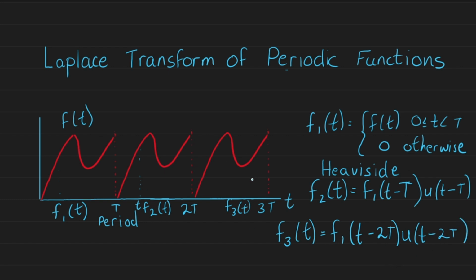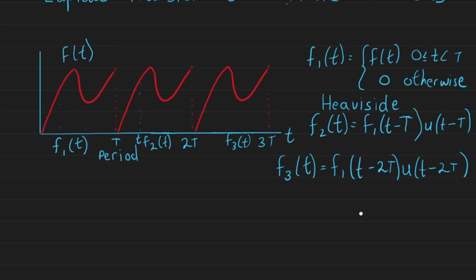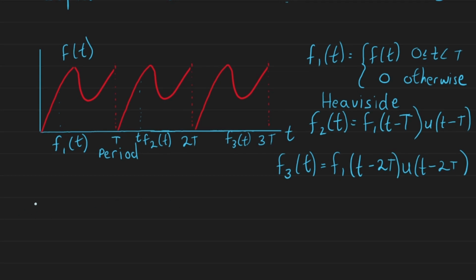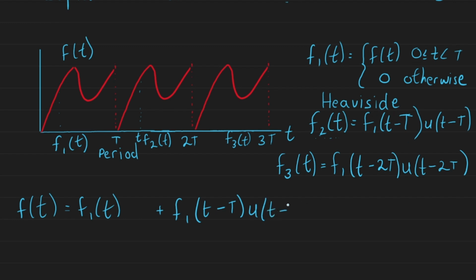So we have written each of the sections of the graph in this manner, and we can simply combine it. How we would combine it is that we would write it as a function of t, which is what we want. We now have a generalized function of t, and it's equal to, well, this first portion f1(t), and then we have plus, and this second portion is f2(t), and what it's equal to is f1(t minus T) times this Heaviside unit step function, and that's u(t minus T).